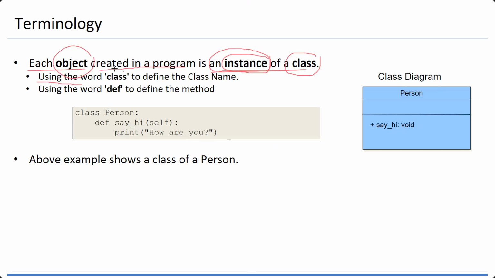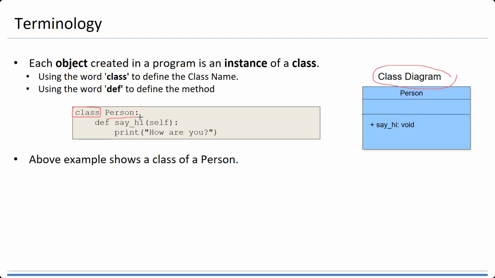Using the word class is to define the class name. And then we use the word def to define the method. So for example, this is the class diagram, and here is the class in Python.